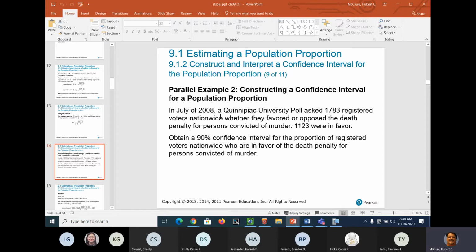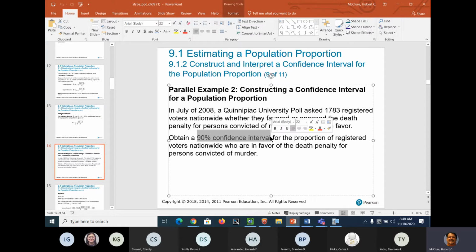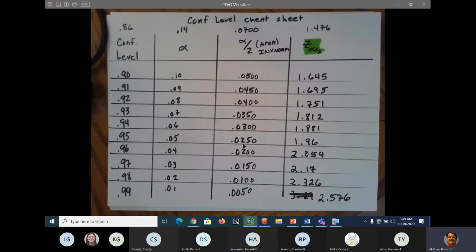I'm just saying, our society right now is opposite of 10 years ago, not to mention 20 years ago. Obtain a 90% confidence interval, sorry. Okay, that sentence right there, highlight it, refers to that 90% confidence level right there.